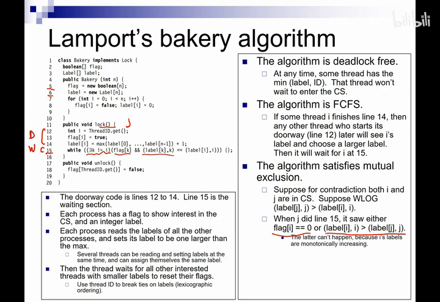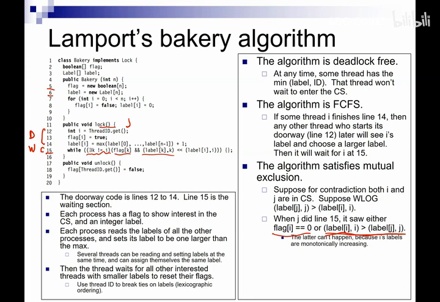Because if both I's flag equals 1 and I's label is less than J's, then J would wait at line 15 and would not go into the critical section. Now it's impossible for I's label to be larger than J's, because we've already assumed that J has a larger label, and I's label can only increase; it never decreases over time.